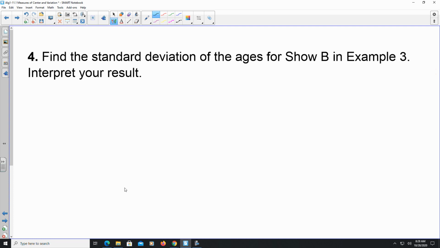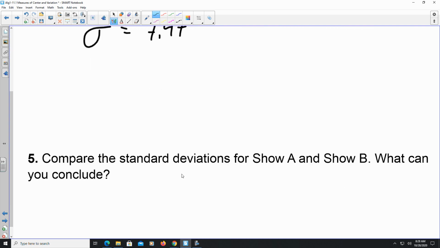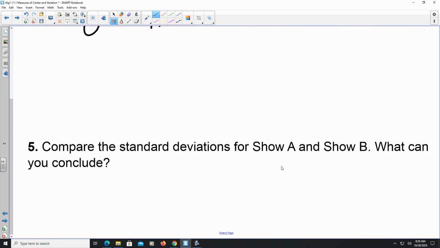Here it asks you to find the standard deviation for show B in example 3. I do encourage you to look at this. I already did the math on this, and the standard deviation for show B is about 7.47. They're asking you to compare show A and show B, and what can you conclude?